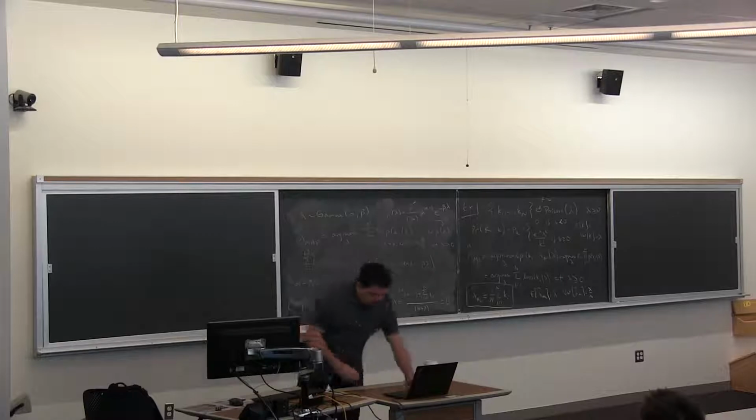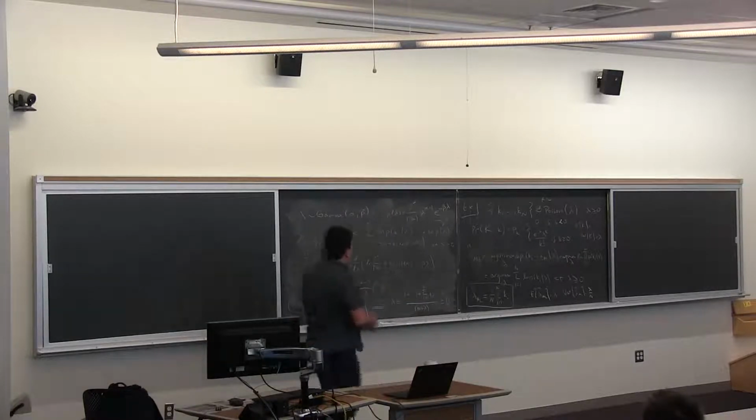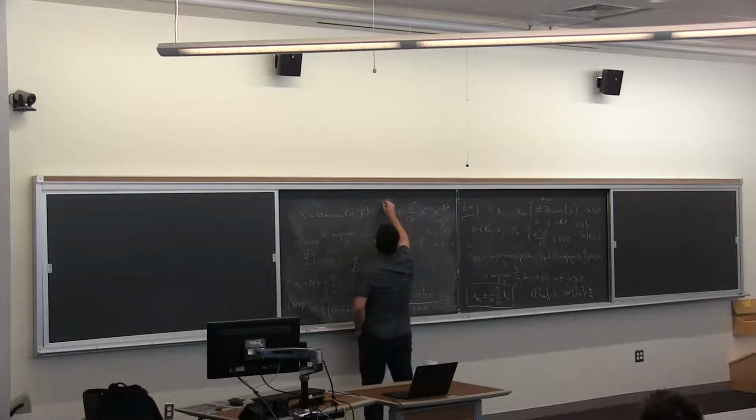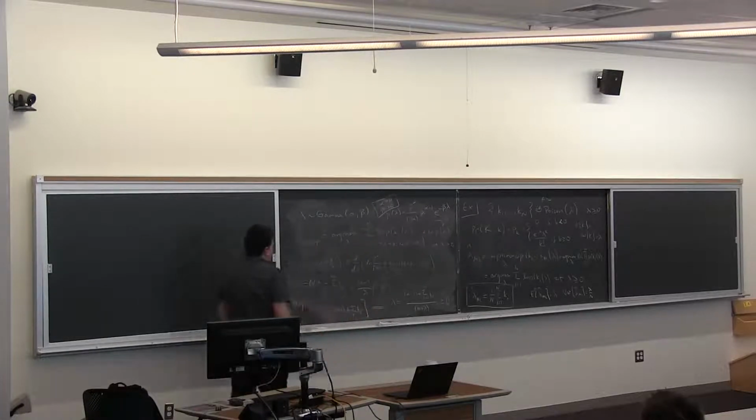In the gamma PDF, there are some constraints on the parameters, so let me just write them. These alpha and beta must both be greater than 0 for that to be a legitimate PDF.